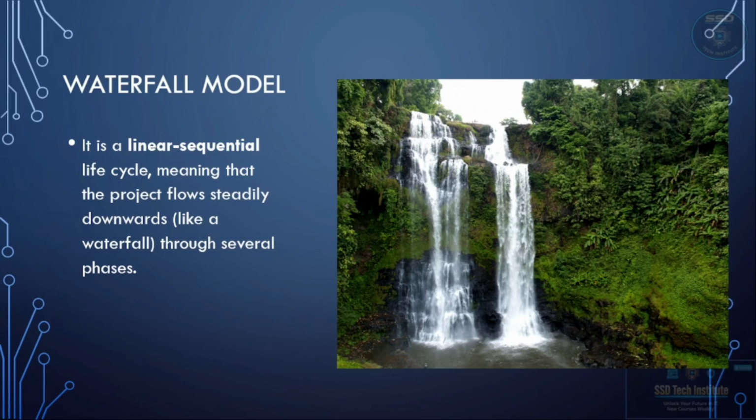Think of the waterfall model as building a house. Step one is you decide how many rooms and bathrooms you want. This is the requirement phase. The second one is the design phase, where the architect draws the blueprints. The third one is the implementation stage, where the workers build the walls and the roof of the house. The fourth stage is the testing phase, where the inspector checks if the wiring is correct, the plumbing is correct, and the walls are properly built or not.